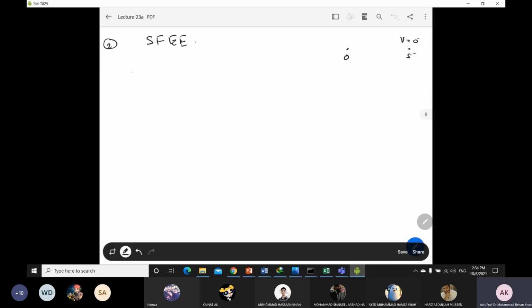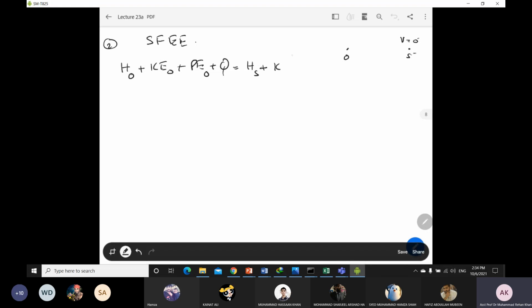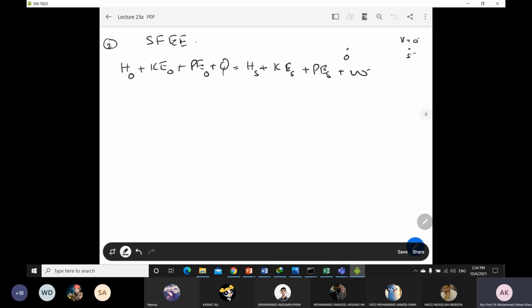You already know it: enthalpy at point O, kinetic energy at point O, potential energy at point O plus heat transfer is equal to enthalpy at the stagnation point, and this enthalpy is in kilojoules, not per unit mass, plus kinetic energy at the stagnation point, potential energy at the stagnation point plus W. So this is the general steady flow energy equation between these 2 points.